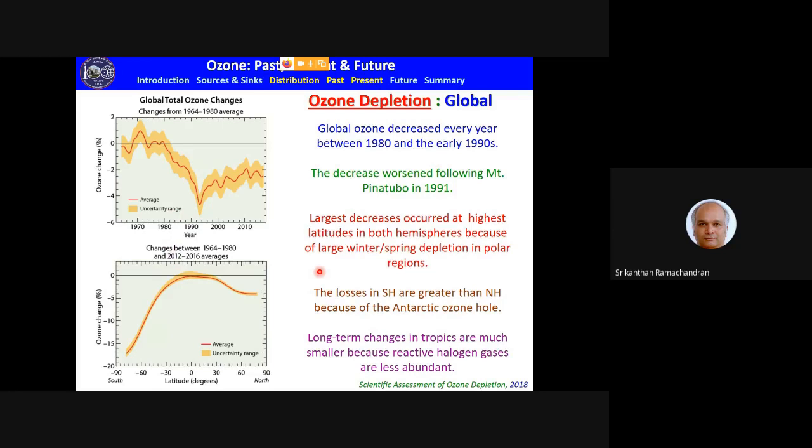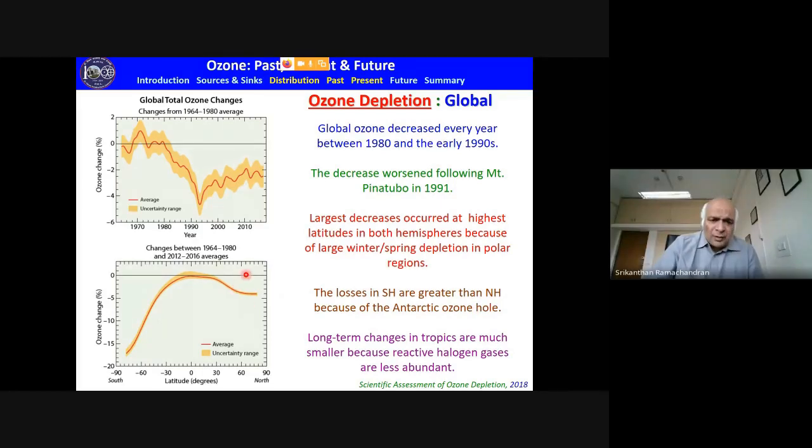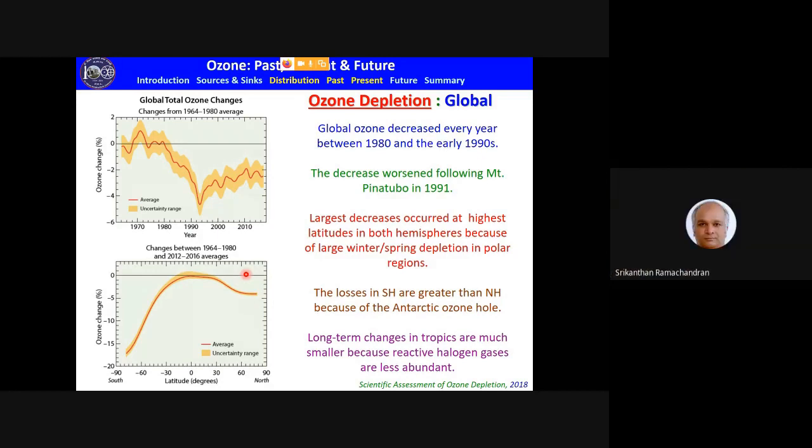The losses in the southern hemisphere are significantly higher on the latitudinal scale because of the Antarctic region, which is in the southern hemisphere. You also see it in the higher polar latitudes of the north, but we know that there is a difference in the amount of depletion between the Antarctic and the Arctic.